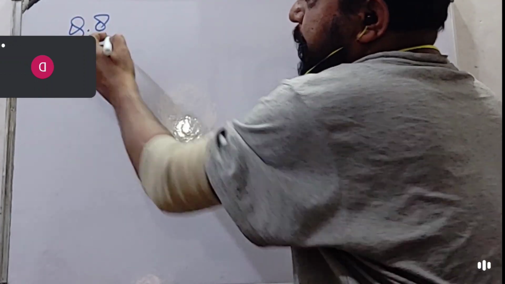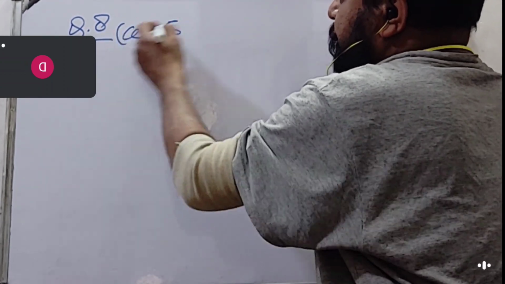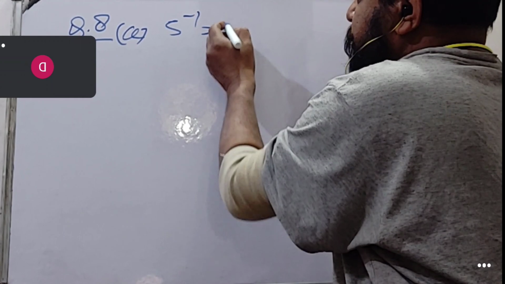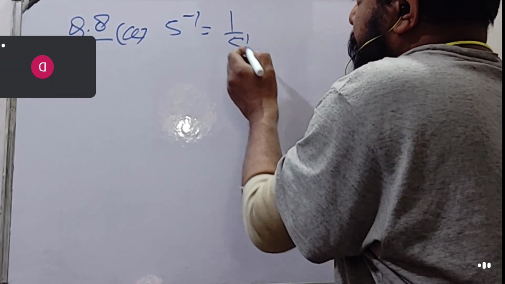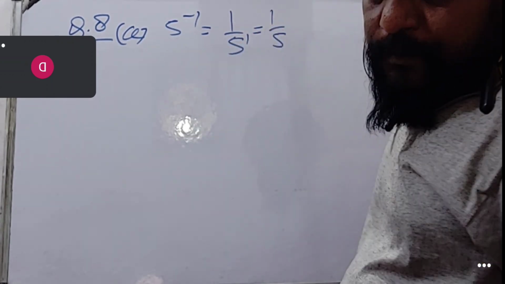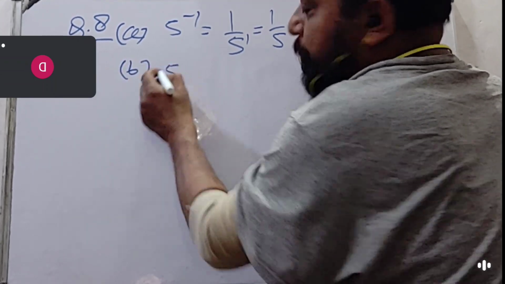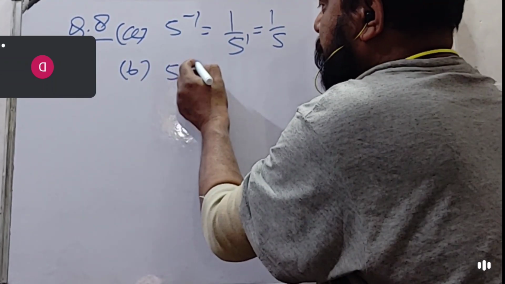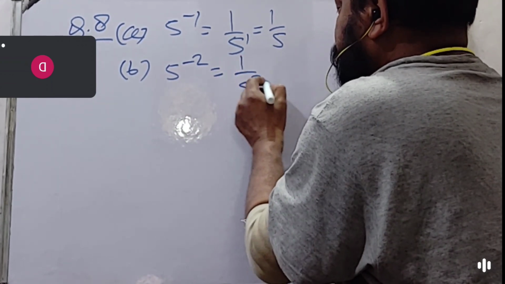So question number 8. A: 5 raised to the power minus 1 is equal to 1 upon 5 to the power 1, or we can write 1 upon 5, right? Now B is equal to 5 raised to the power minus 2 is equal to 1 upon 5 raised to the power 2.